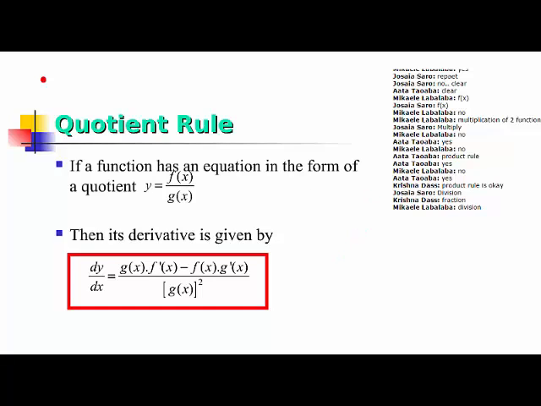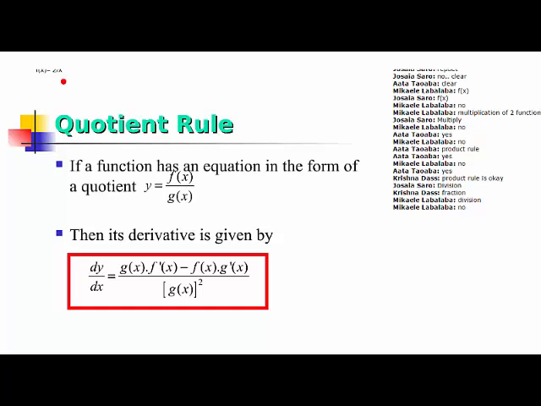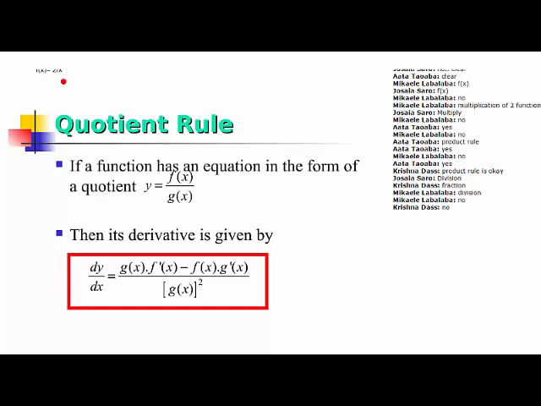Now, say for example, we have f(x) equals 2 over x. Can you apply the quotient rule here? That's the function given to you. Can you apply the quotient rule? Why not? Because 2 is a constant.